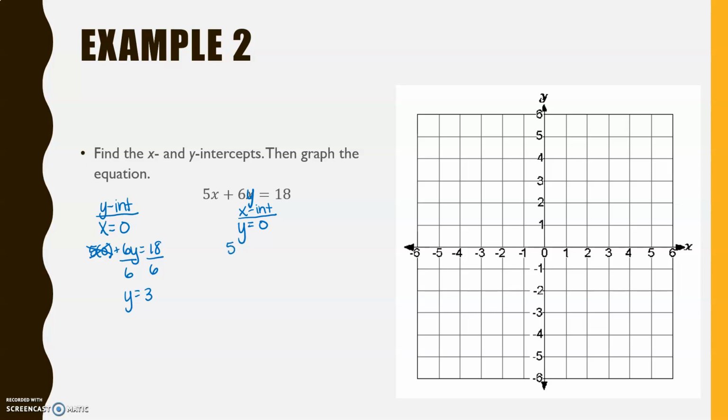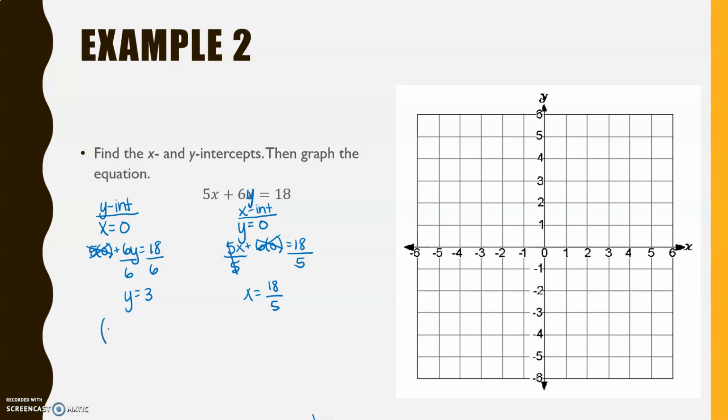Over here, I'm going to have 5x plus 6 times 0 equals 18. Again, that cancels, and I can divide both sides by 5. And we get x equals 18 over 5. So I want to write these, though, as ordered pairs.